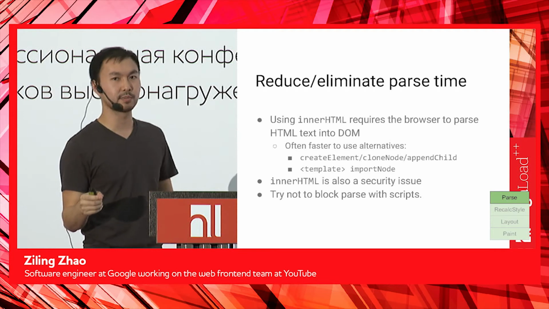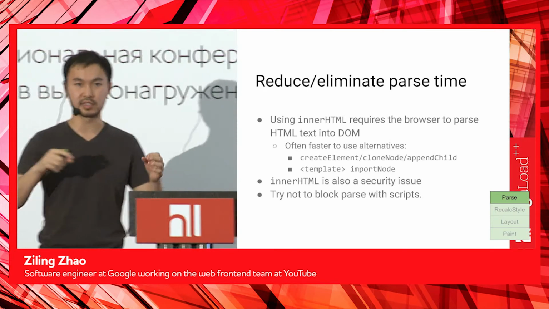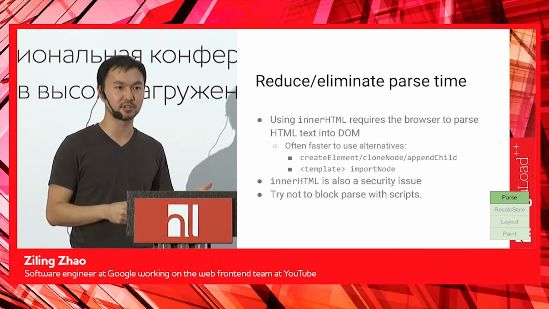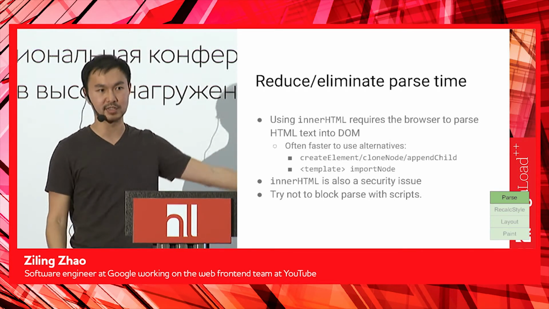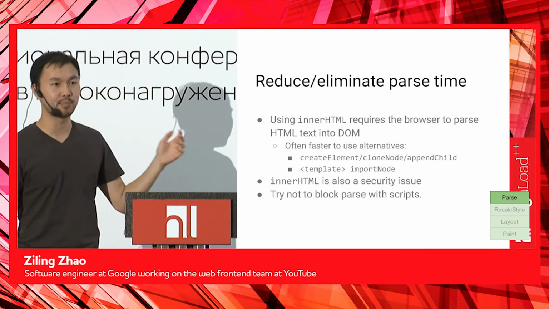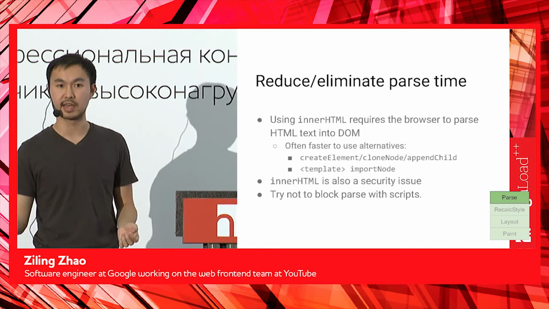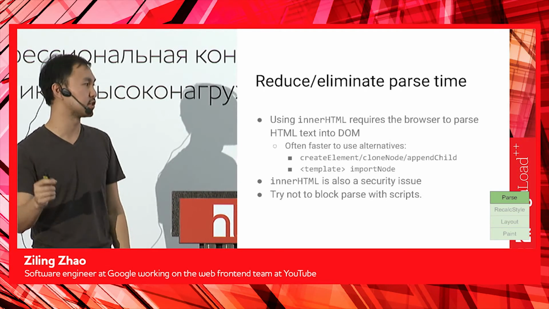That's because the parser, although it's fast, still has the entire web. It has to work for everything. That means it has to work for all things that don't quite look like HTML. It's a little weird. It has to take care of all those cases. To avoid that, it's actually better to use something like createElement, cloneNode, appendChild, or use template tags. This allows the browser to have a much faster way of creating DOM elements.